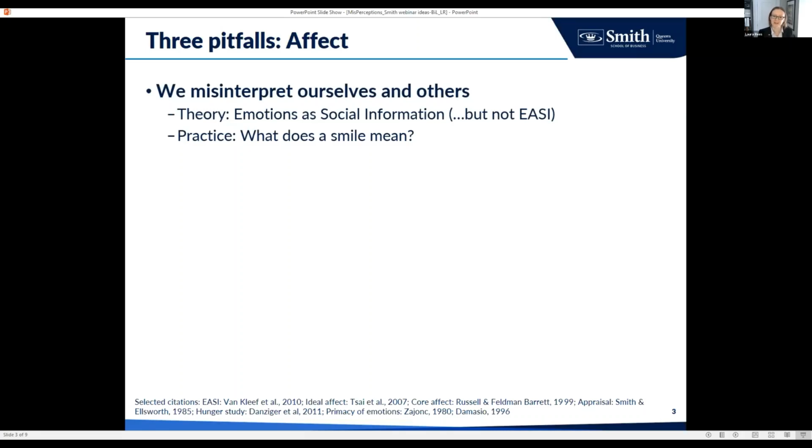But the interesting thing about smiles is that some argue there are up to 19 different meanings behind a simple smile. So sure, it can indicate happiness. That's probably fairly obvious. But it can also indicate embarrassment, anger, shyness, politeness, or even just simply to indicate that I'm listening to you, with a myriad of other interpretations.